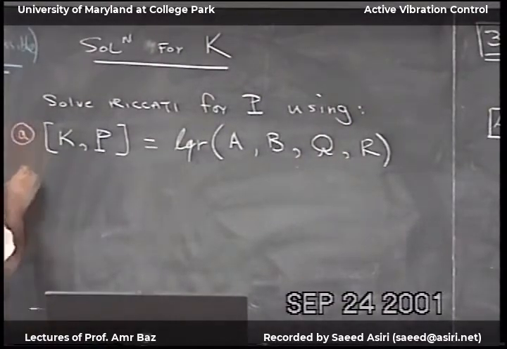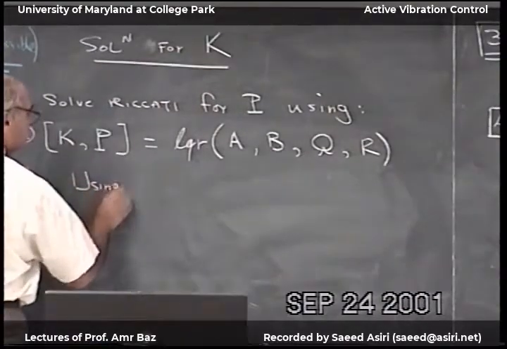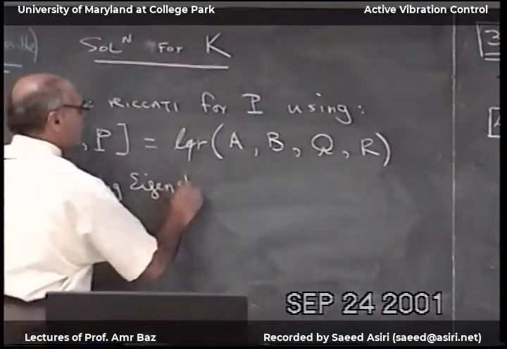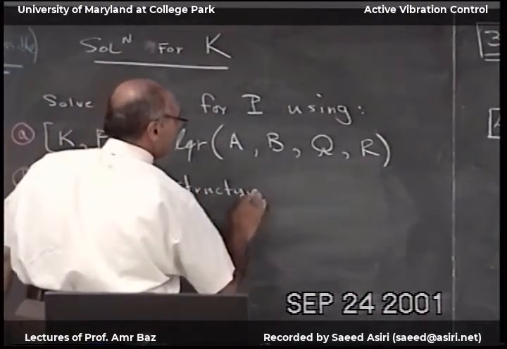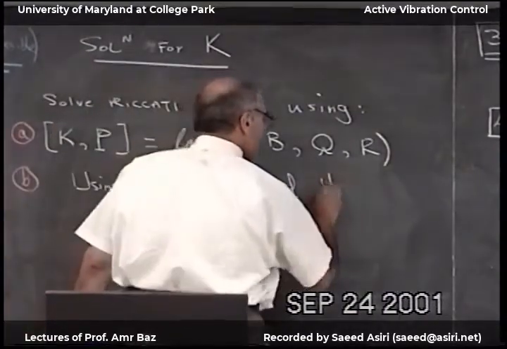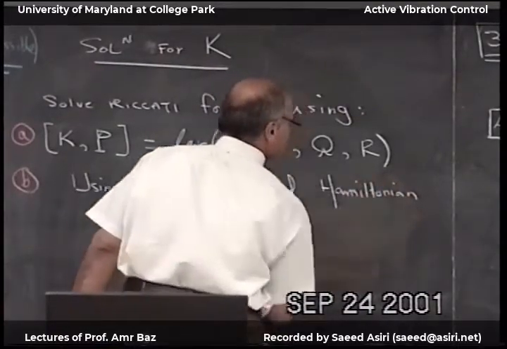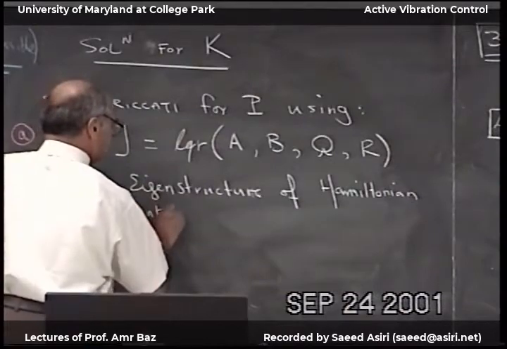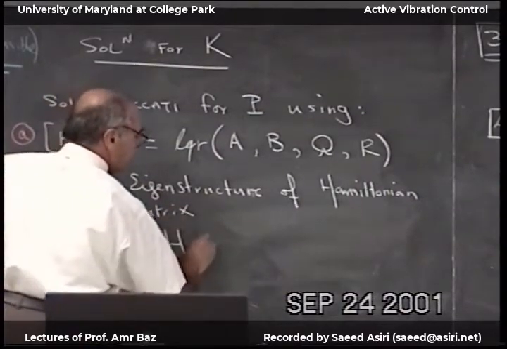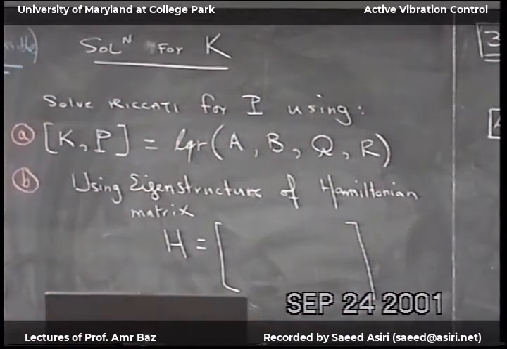Number A. Number B, which I will not explain in the class, but you have it in the notes for the sake of completion, is using the eigenstructure of a particular matrix called the Hamiltonian Matrix. This matrix has a special structure that we will use quite extensively in the H infinity controller.